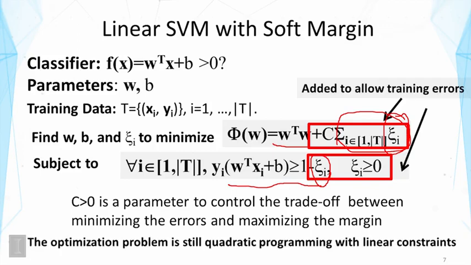Now, with this modification, the problem is still a quadratic program with linear constraints, so the optimization algorithm can be actually applied to solve this different version of the program. Again, once we have obtained the weights and the bias, then we can have a classifier that's ready for classifying new objects. So that's the basic idea of SVM.